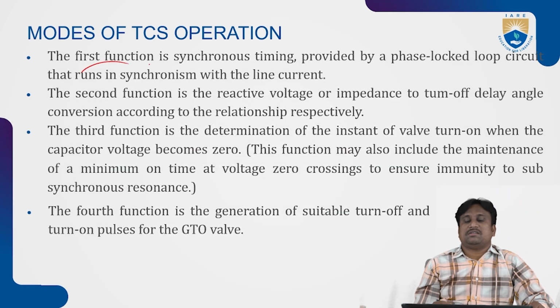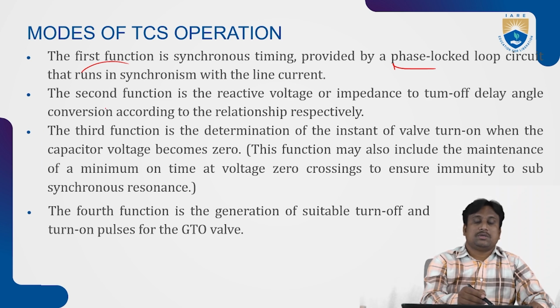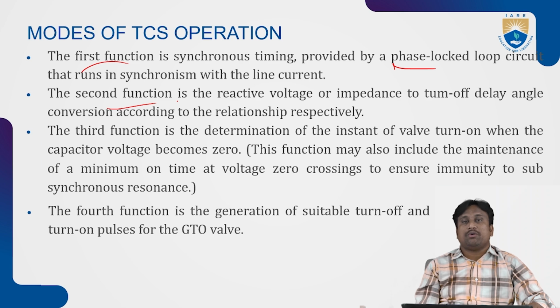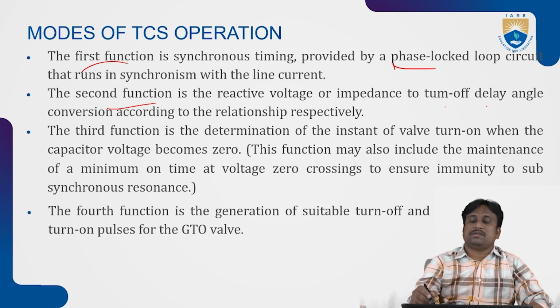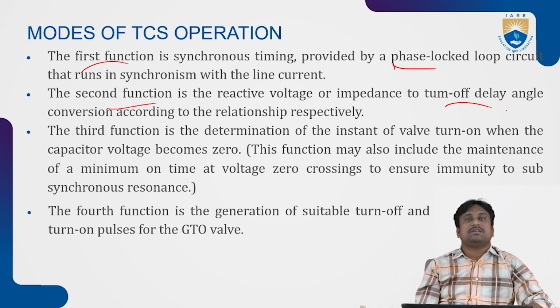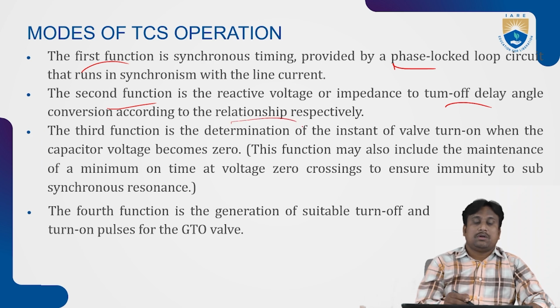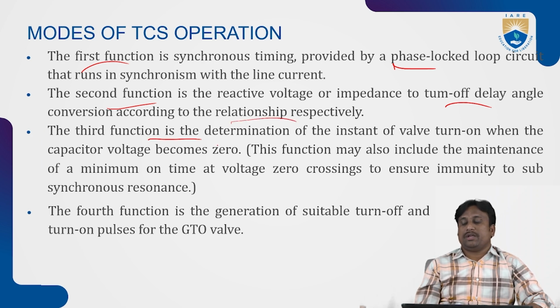So here the first function is synchronous timing, which is provided by a phase locked loop circuit that runs in synchronism with the line current. The second function is the reactive voltage or impedance to turn-off delay angle conversion, according to the respective relationship. The third function is the determination of the instant at which the valve may be turned on when the capacitor voltage becomes 0.